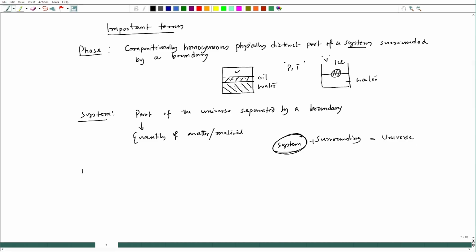There could be different boundaries. One, let us say, I can consider to be a diathermal boundary, and another I can take as an adiabatic boundary.